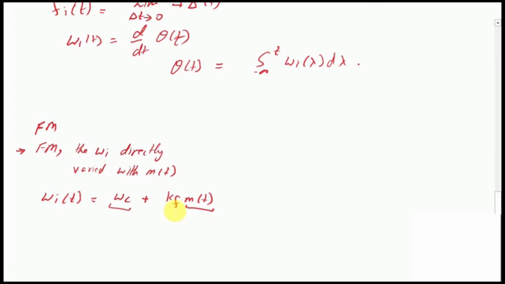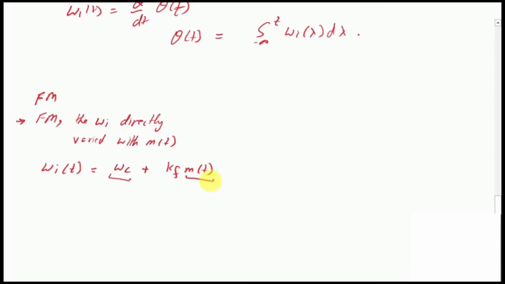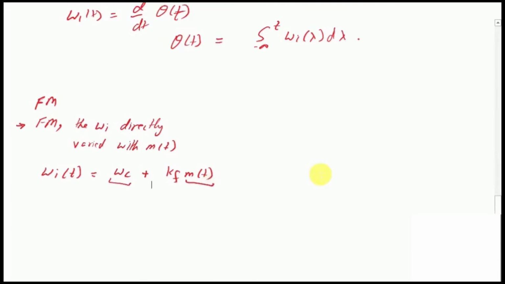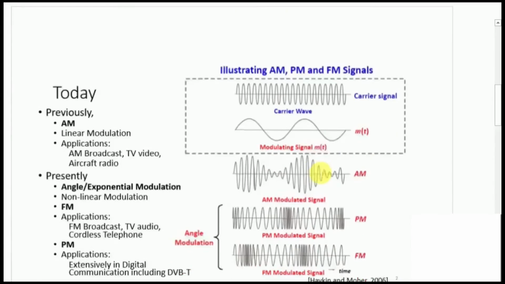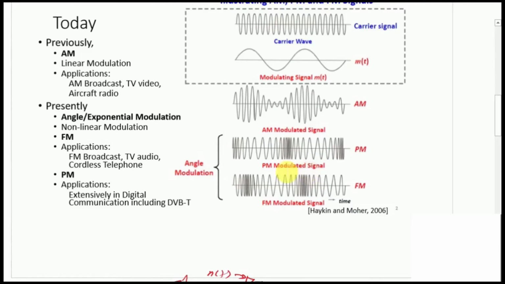So the question is, why do we need the sensitivity constant? The answer to that question is that with the message signal, how much you want to increase the frequency or decrease it. For example, in this particular scenario, if the message signal goes up, by what degree the oscillation should increase?